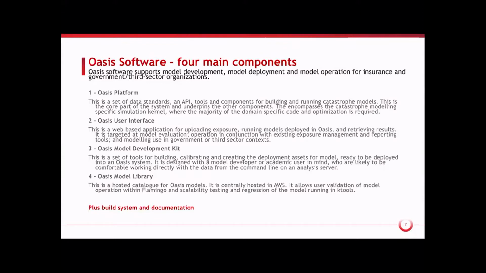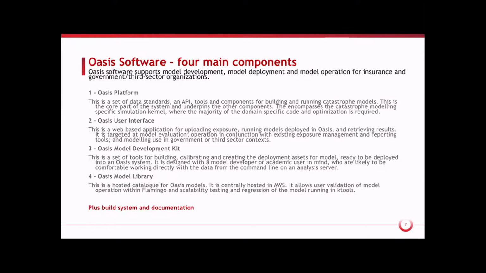Then we do have a user interface. Oasis's prime goal is to be an API-driven model execution platform, that can be run through a variety of tools or plugged into existing reporting or risk management systems. But we do have a user interface that I think is great either as an evaluation, getting going with the system.